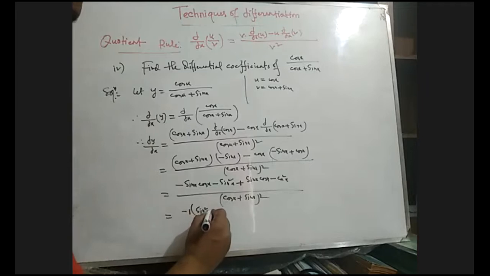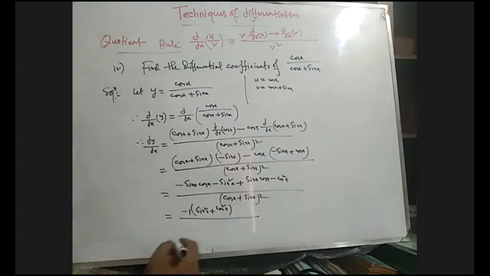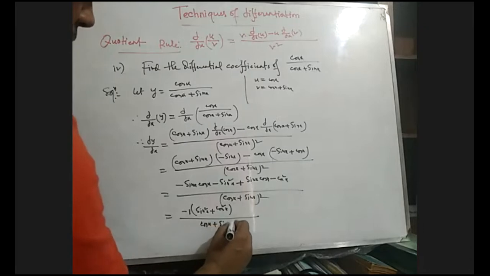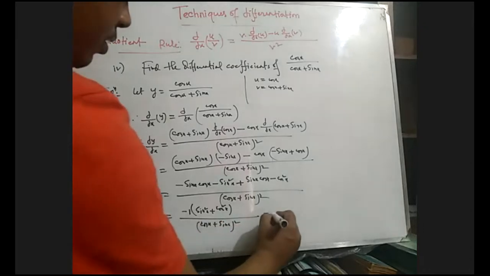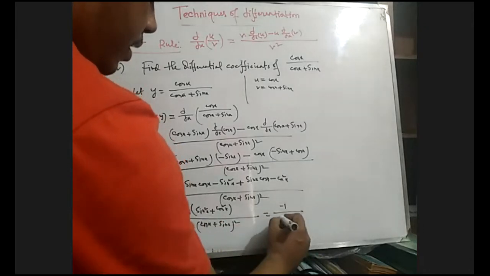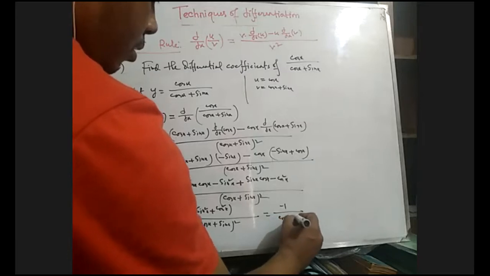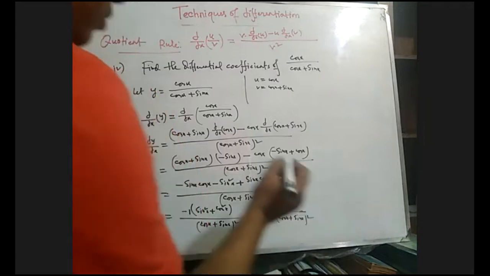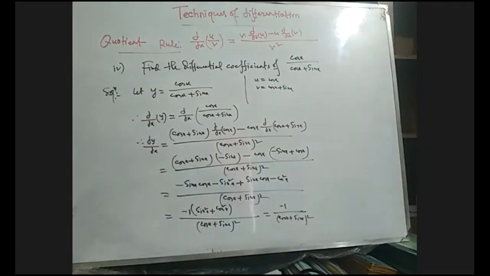Then we get minus sin square x plus cos square x, the same cos x plus sin x whole square. This equals to what? Minus 1 divided by cos x plus sin x. This, okay, this is the result. Very easy, easy result for you.